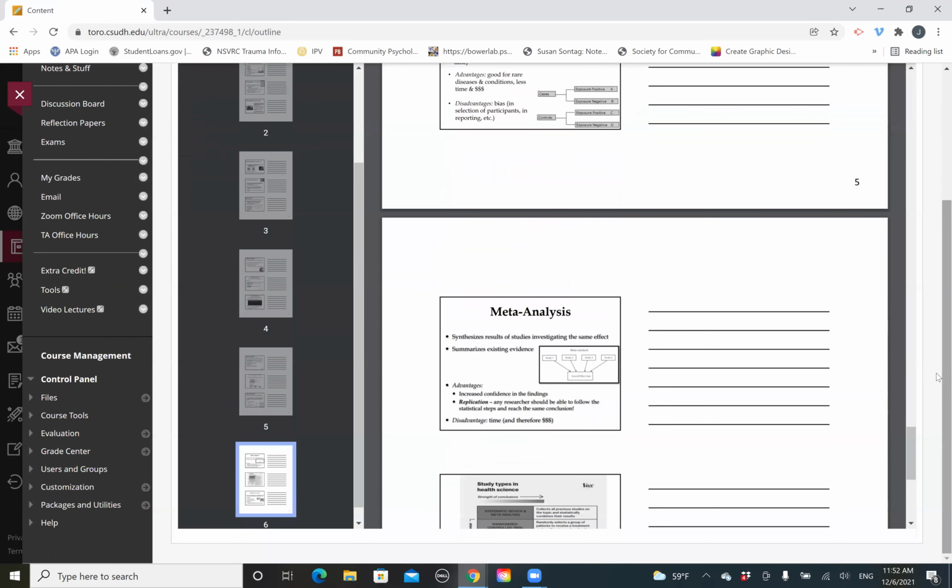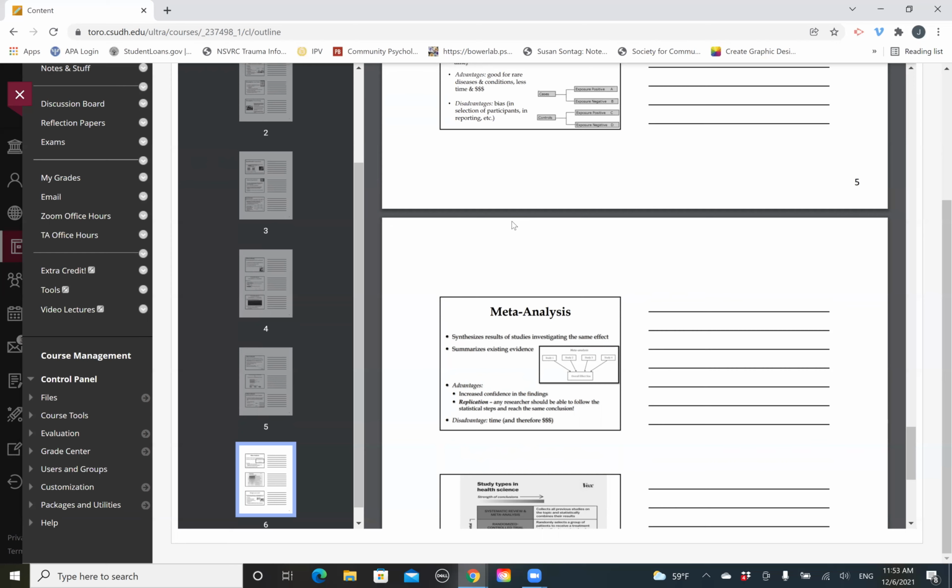And then finally, you have a meta-analysis, right? So man, do I love meta-analyses, at least when I am doing research, like a literature review. I love to find a meta-analysis because that means that someone else did a very thorough literature review on the subject as well. So a meta-analysis is going to synthesize the results of studies investigating the same effect.